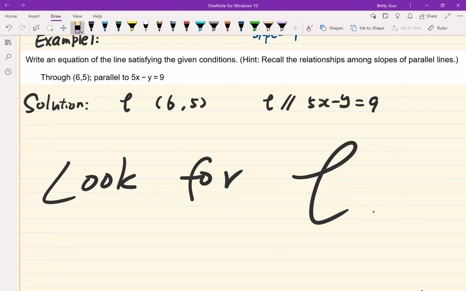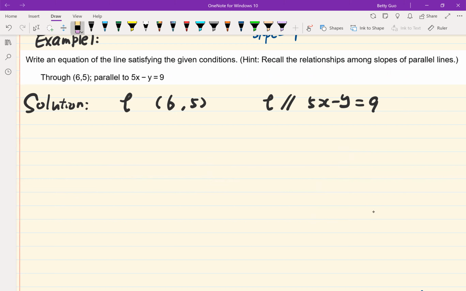We are going to find the point slope form for the line. The point is given directly. About the slope, we need to do something.